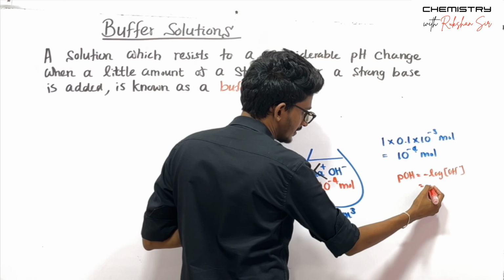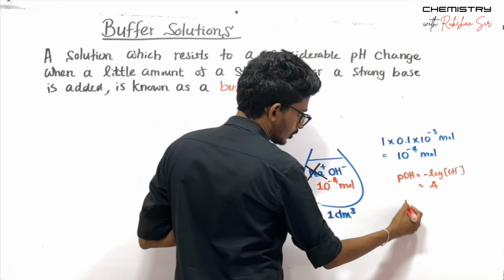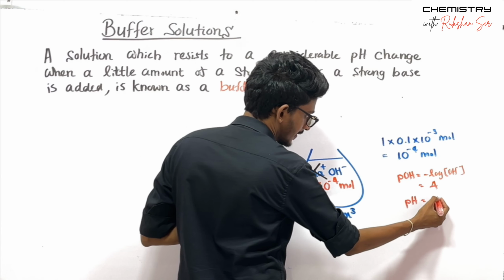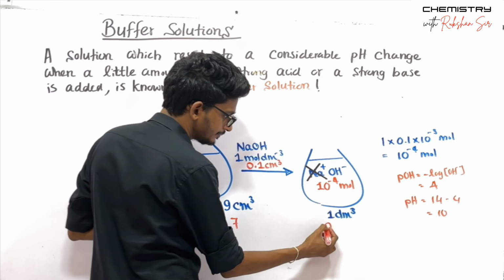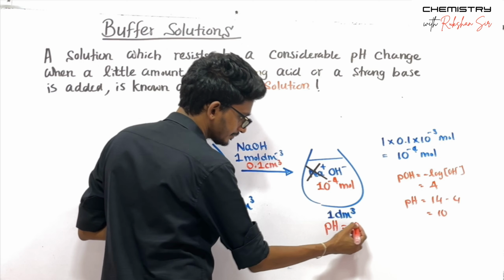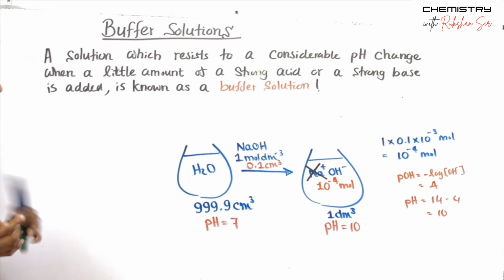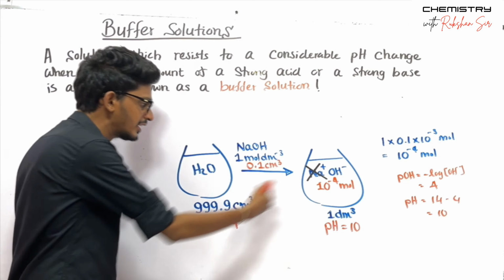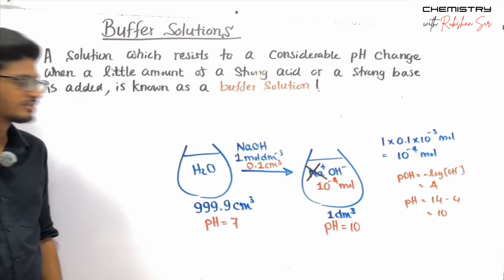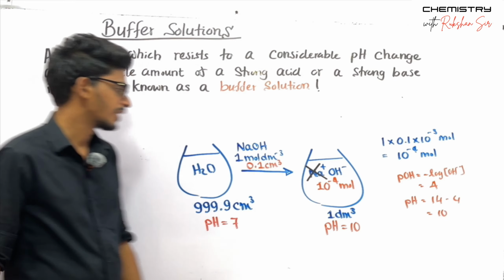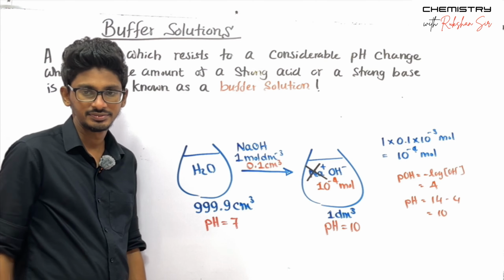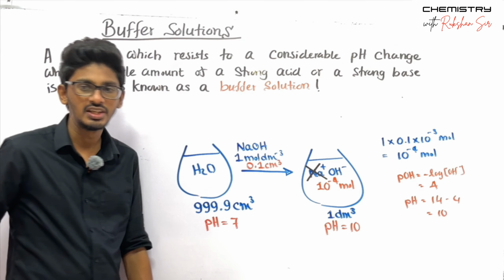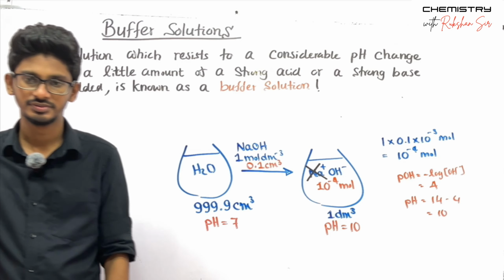So the pH is 14 minus 4, which means 10. So you see, the pH has increased by 3 units. If you add a little amount of a strong base, you observe a huge change in the pH.